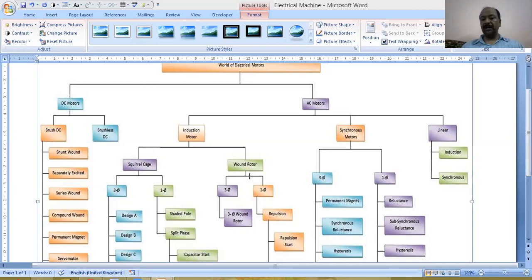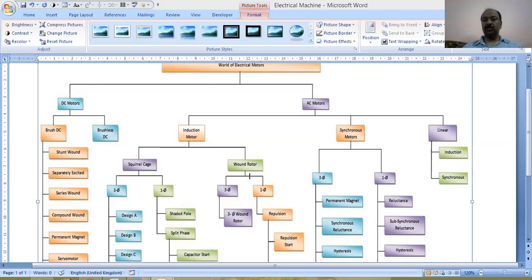So automatically the application will change as per the requirement. Whatever the requirement for a device, the motor connections and their connection with the stator and the rotor winding are quite different as per the application.